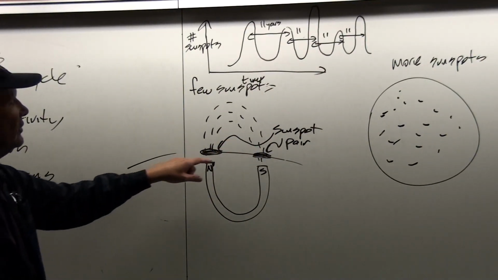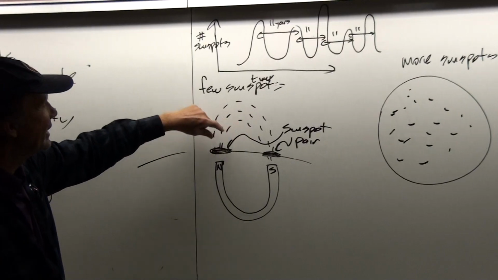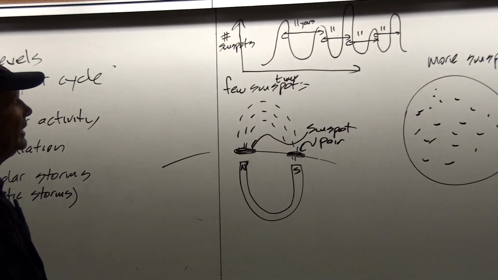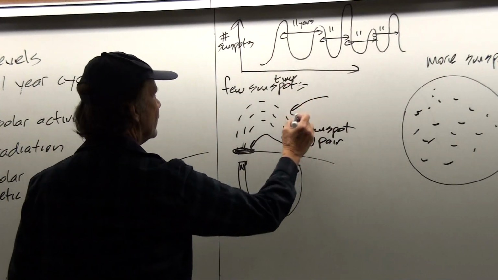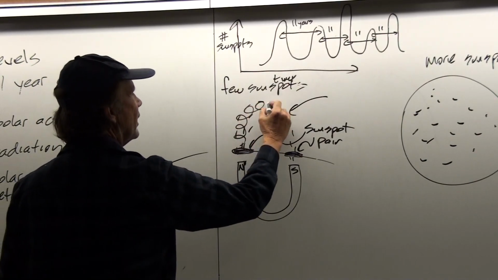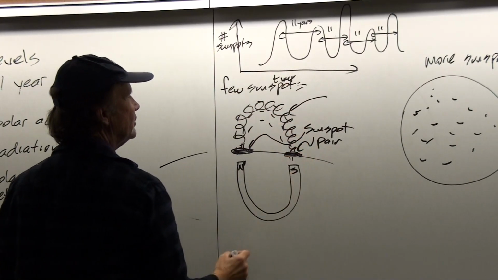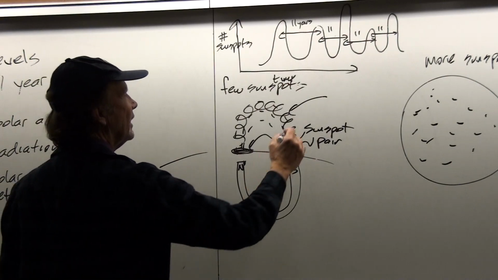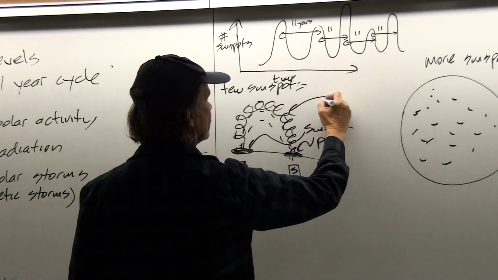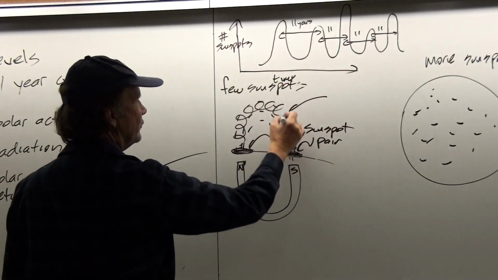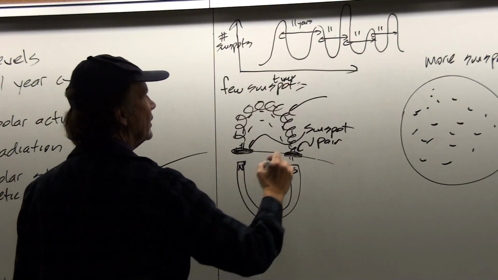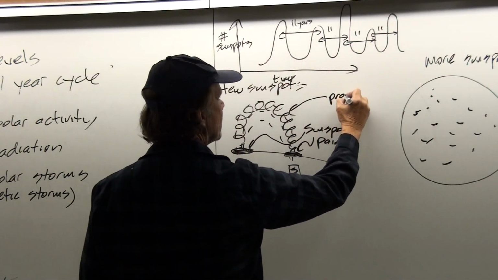And so each of these little magnetic storm activities would produce a sunspot pair, and then this arching structure here would be filled with particles that would be trying to escape and be recycled. So these arching features above sunspot pairs would be called prominences.